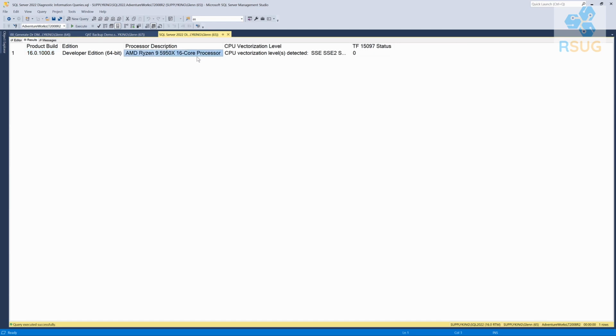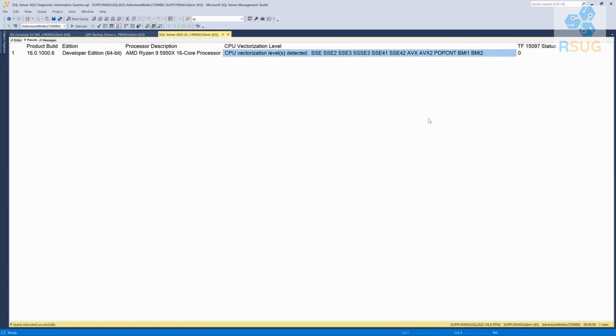Then it tells you what processor you have. And then it looks in the error log to figure out what level of AVX support you have. And this is a Zen 3 processor that doesn't have AVX 512, but Zen 4 does. So the AMD Genoa server processors have it, and then the Zen 4 client processors have it. So they would say AVX 512.